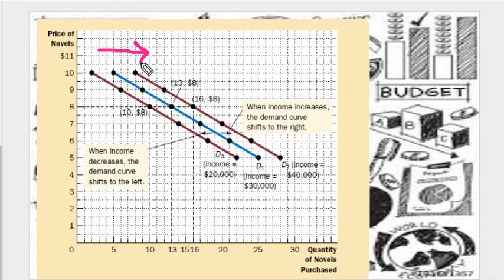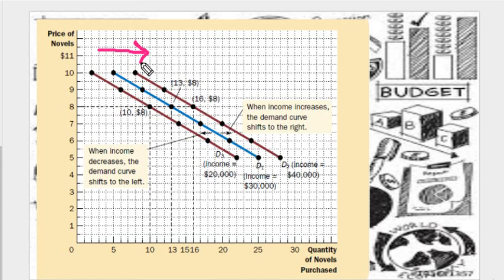There is a very, very thin line between what we mean by quantity demanded has increased and the demand has increased. And when we say demand has increased, that essentially means that the demand curve has shifted towards the right.